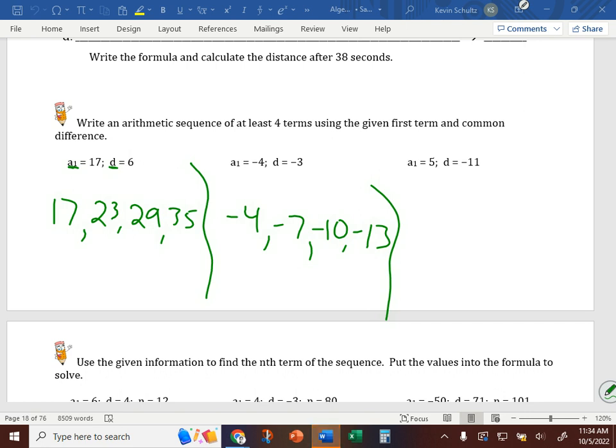A1 of 5 and D of -11. I'll get you started. It's a 5. Now what? You're welcome. Edward. -6, and then -17, and then -28. Okay.